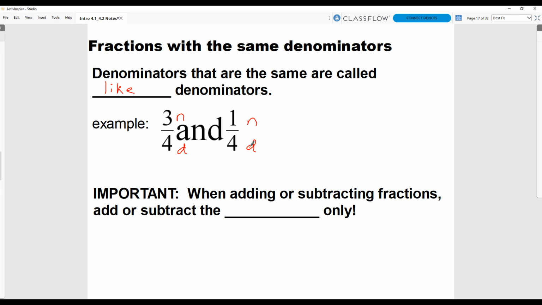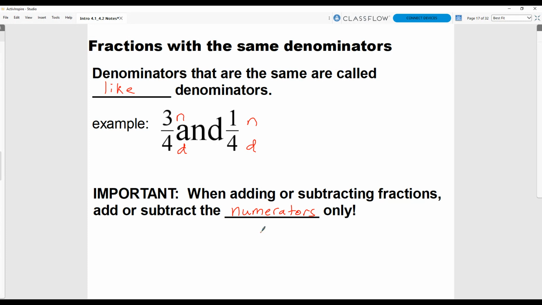Then we're going to go about adding some fractions next. It's important when you add or subtract fractions, and we're not going to do any subtracting today, but we're going to add, that you only add or subtract just the numerators. We don't want to do any adding or subtracting with the denominators.